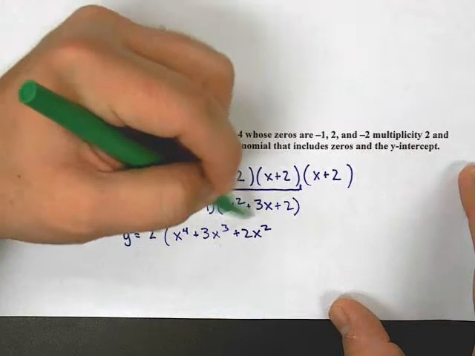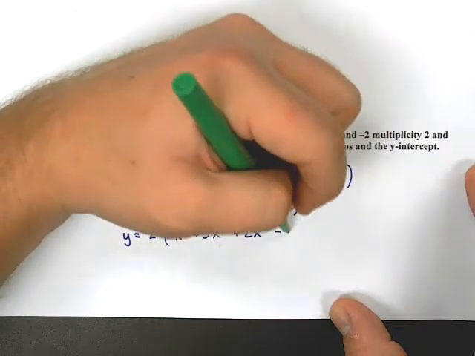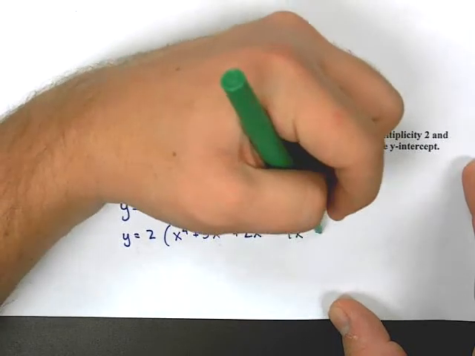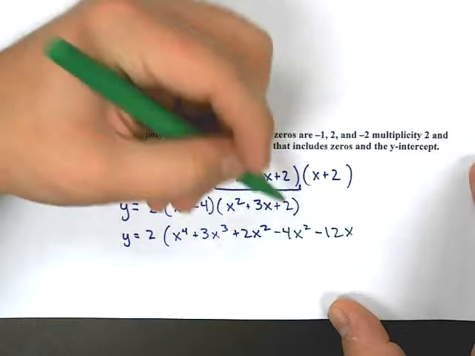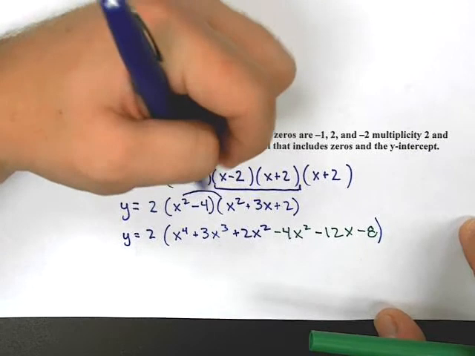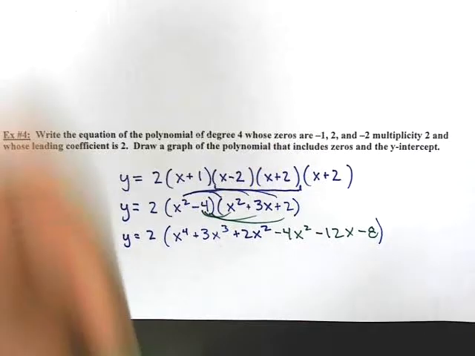I am now going to distribute the rest. So minus 4 times x squared is negative 4x squared. Negative 4 times 3x is negative 12x. Negative 4 times positive 2 is negative 8. Okay? So again, I distributed that way, and then I distributed that way.